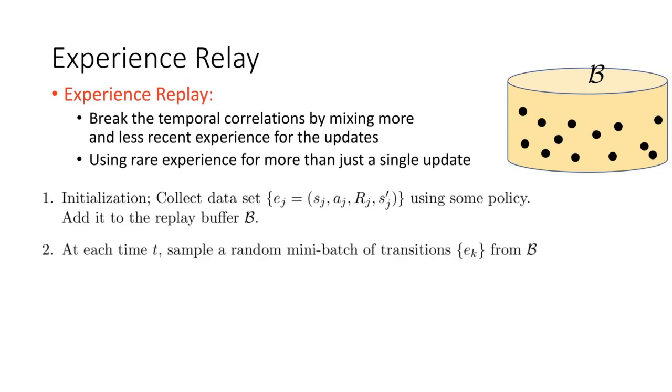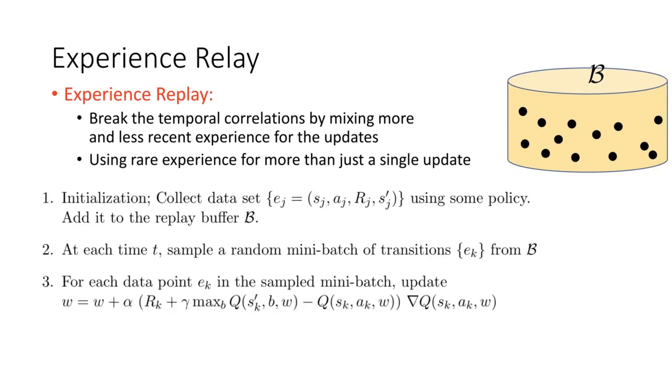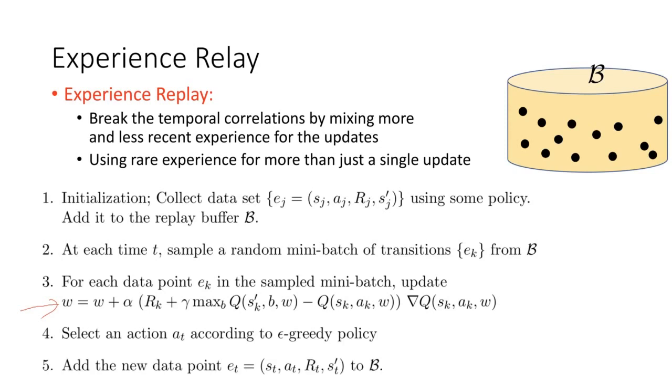That is, at each time step t, you sample a mini batch of data points from the replay buffer. Let me emphasize that, sampled uniformly at random. Then use these data points to update your parameters. Once you update, you can select an action according to the epsilon greedy policy. You get a new data point and you put that back into the replay buffer.